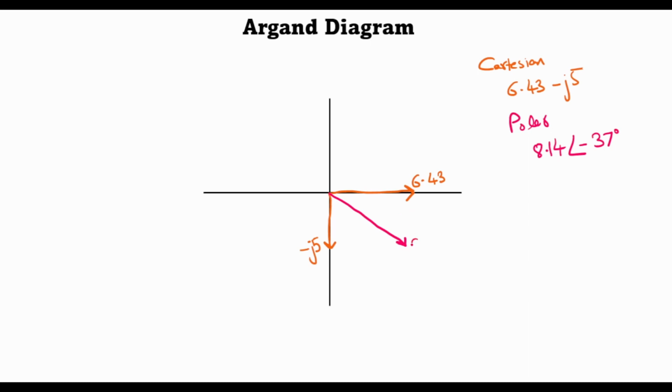So this magnitude will be 8.14 and the angle that it makes with the base is minus 37 degrees. So this is the solution with the help of an Argand diagram.